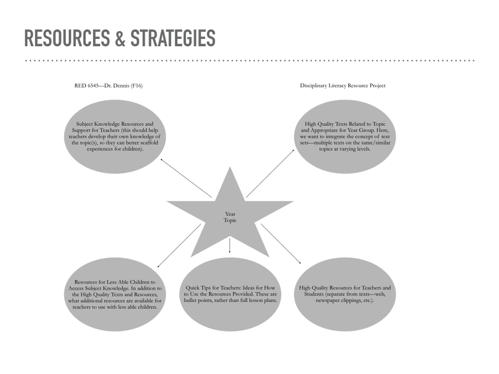So one is high quality text related to a topic. And in this case, when I say text, I'm actually referring to books, although I tend to define text more broadly when I speak generally. In this case, I'm talking about high quality children's literature or informational text that is related to the topic and the corresponding disciplines.